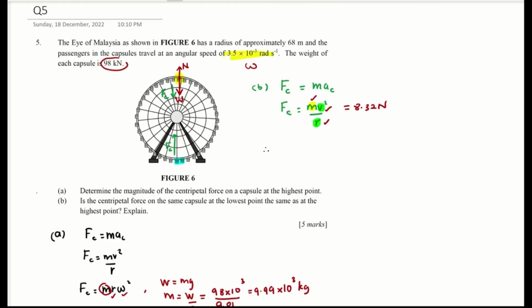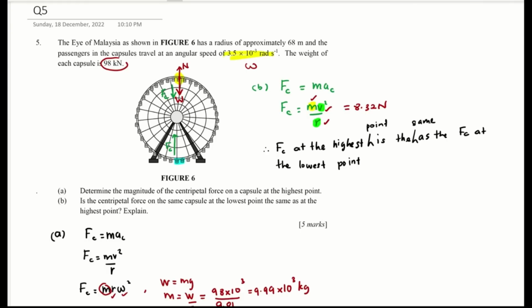So therefore we can write the answer that the centripetal force at the highest point is the same as the centripetal force at the lowest point, because the capsule travels at constant speed, or at constant angular speed.